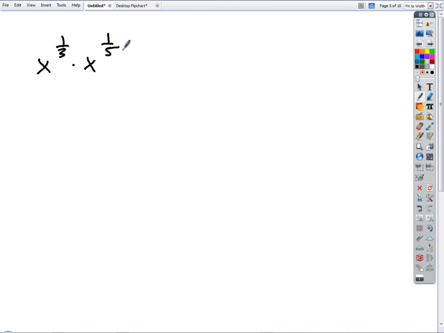What does it represent? How can I write that as a radical? Remember? It's the cube root. Whatever the number is in the bottom of the fraction, that's what we call the index of the radical.